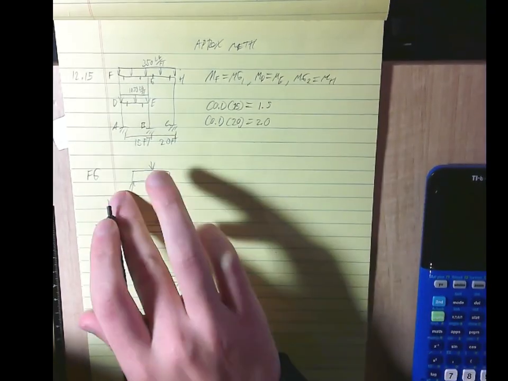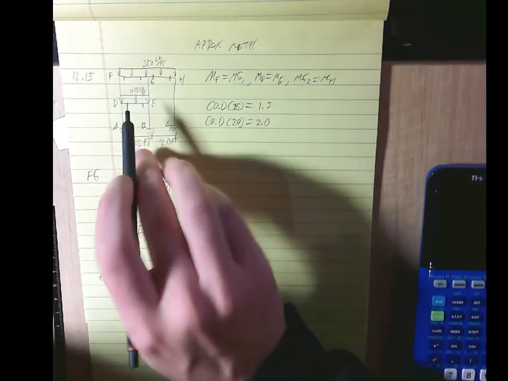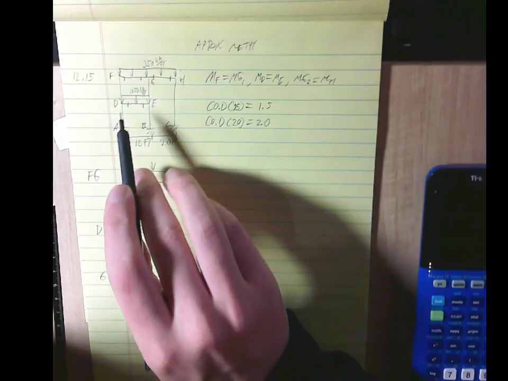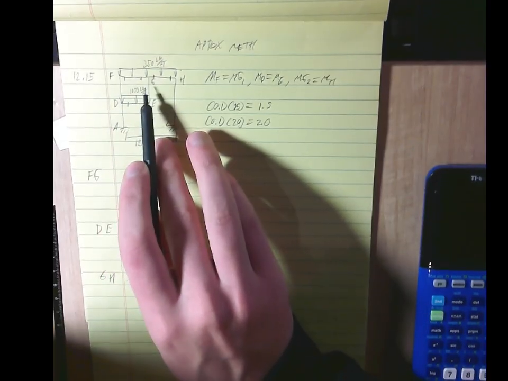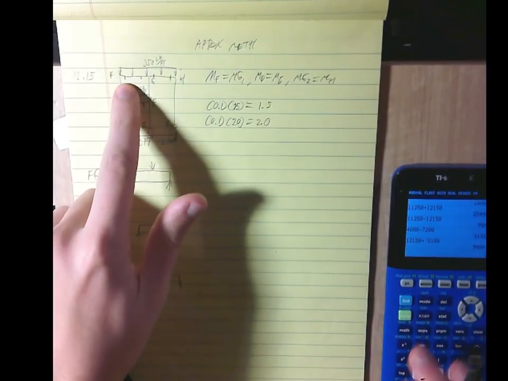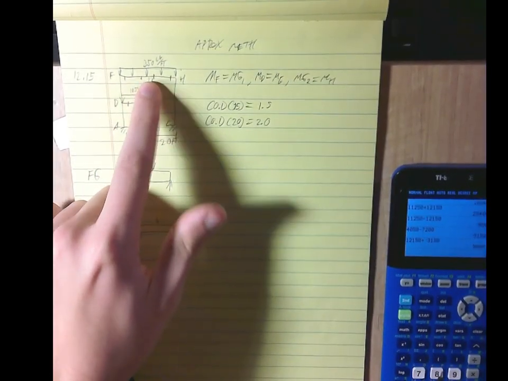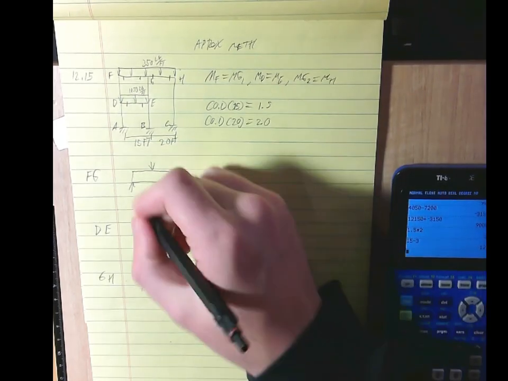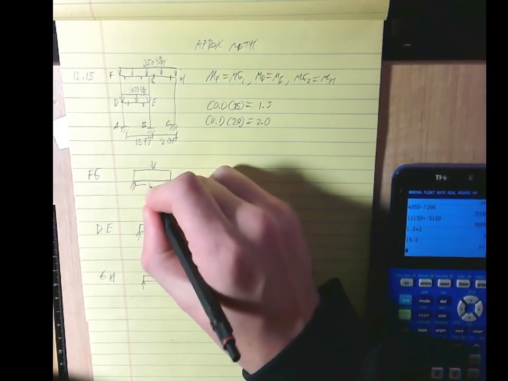And what is this length going to be? Well, it's this center section here, so it's going to be the full length of 15 minus 1.5 times 2, because we're taking 1.5 from here and we're taking 1.5 from here. So 1.5 times 2 is 3, so 15 minus 3, we're getting a length of 12. So the length here is going to be 12.